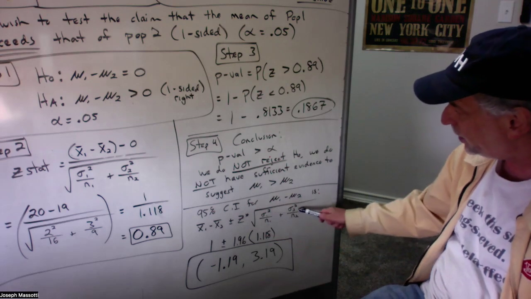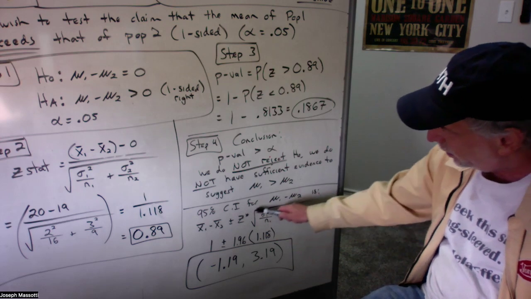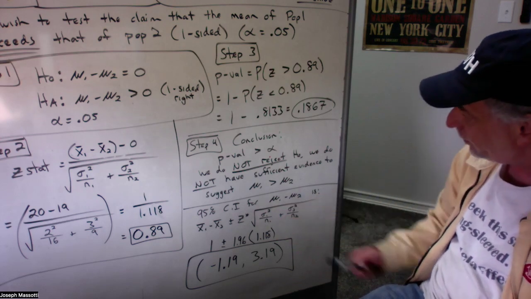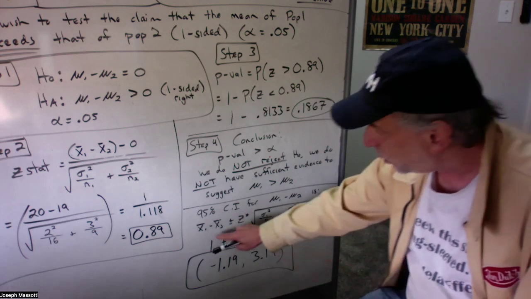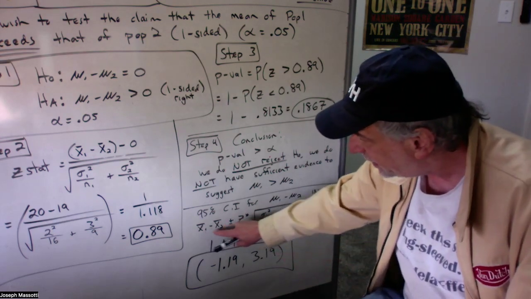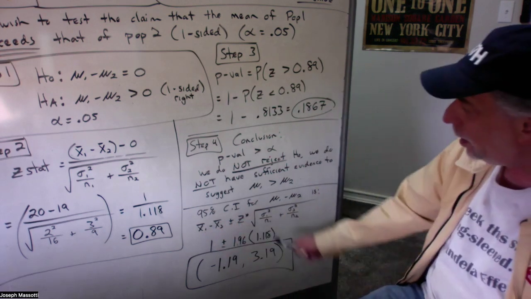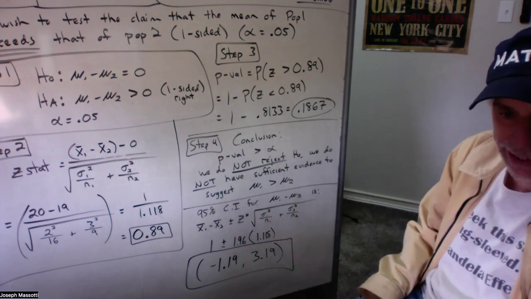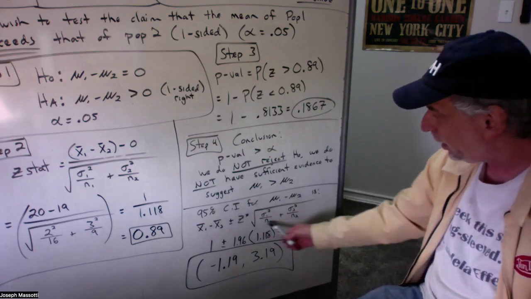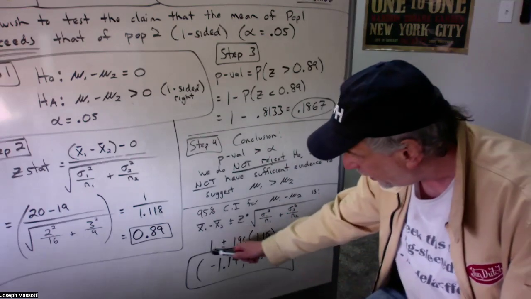And we put the population standard deviations into our expression for the standard error of that distribution. So our center of the distribution is the difference between the two sample means, again, 1. Our z critical for 95% confidence is 1.96. We've calculated this number already to be 1.118.